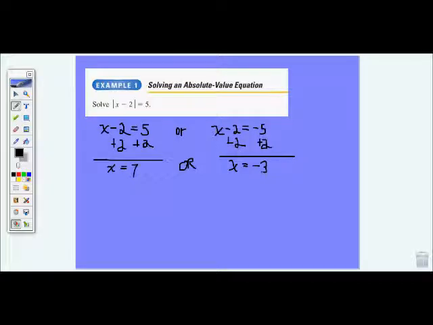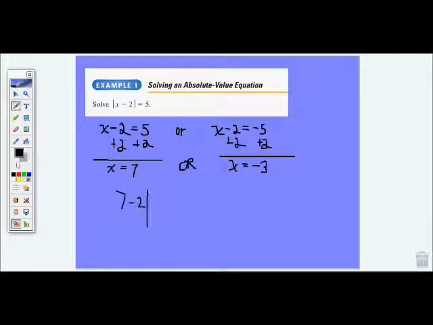So my solution then would be that x could be equal to 7, or it could be equal to -3. I could check that very quickly by putting those in to see if that is true.